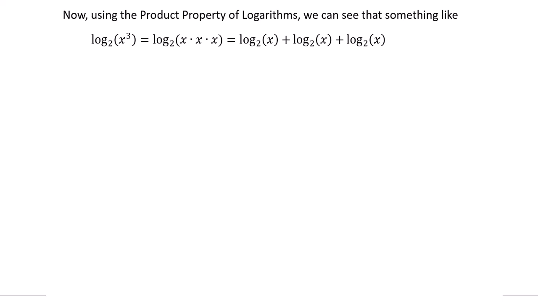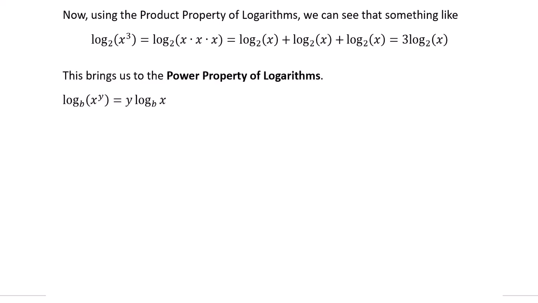So, how many log base 2 of x's do we have? We can see this is equivalent to 3 log base 2 of x. So, log base 2 of x cubed is equivalent to 3 times log base 2 of x.